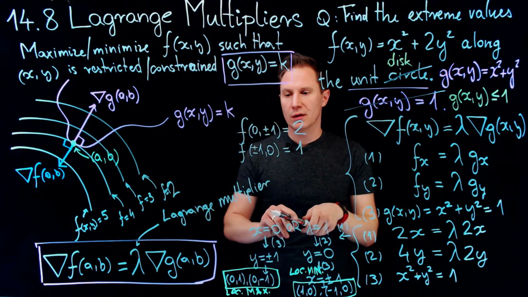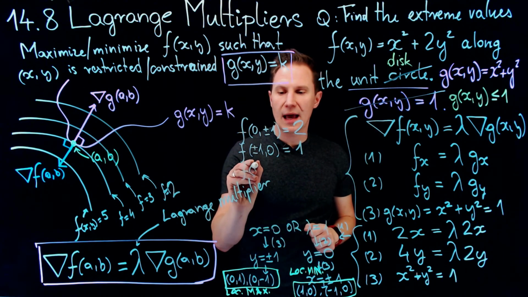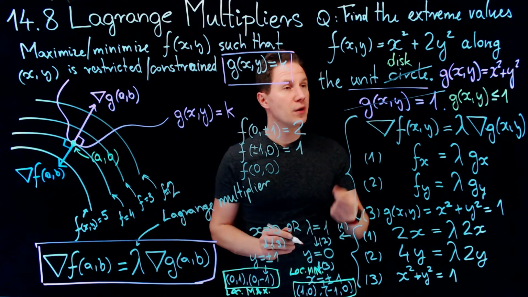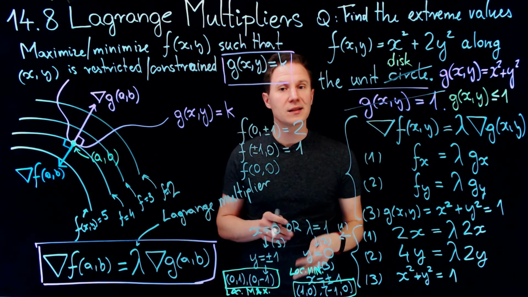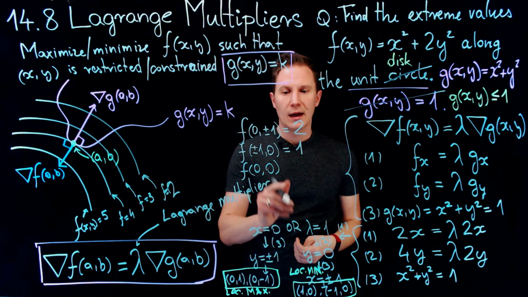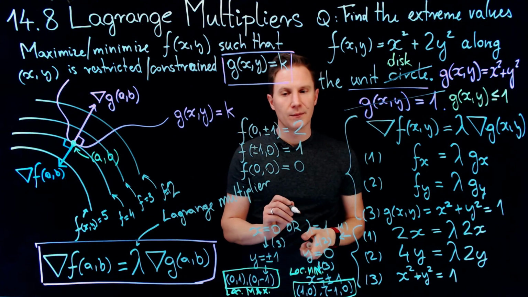Then it can be shown that this function has a stationary point at the origin. Its first order partial derivatives both vanish at x equals 0, y equals 0, and it takes the value 0 there.